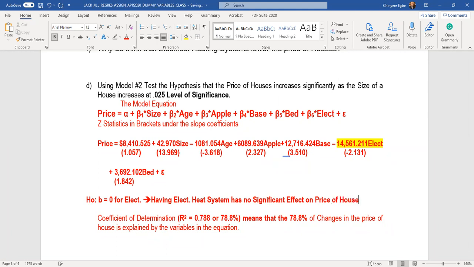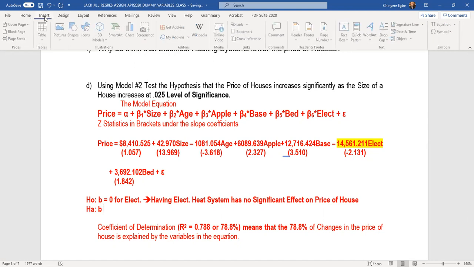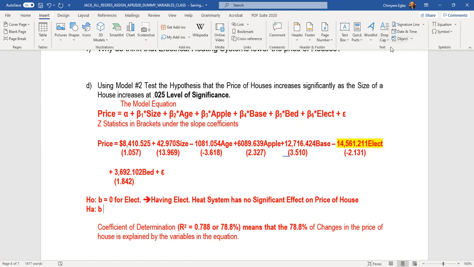Okay, all right. Now the alternate hypothesis is that B is not equal to 0 for electrical system.